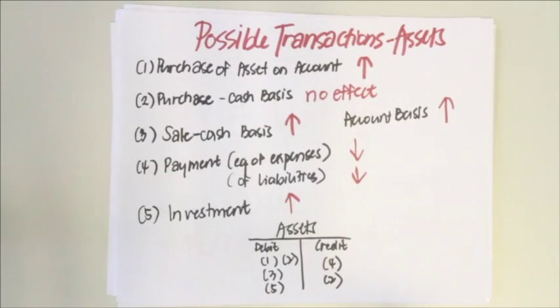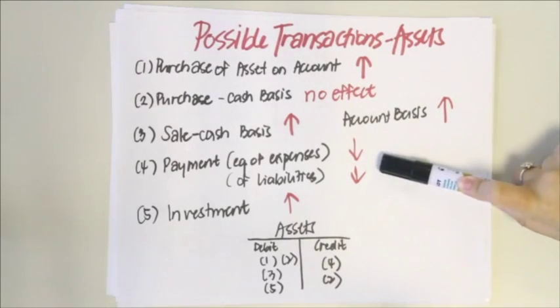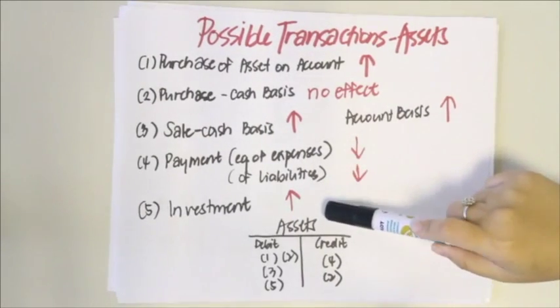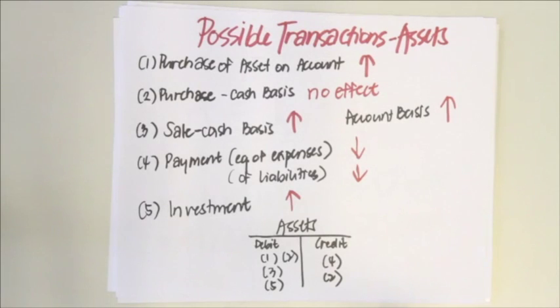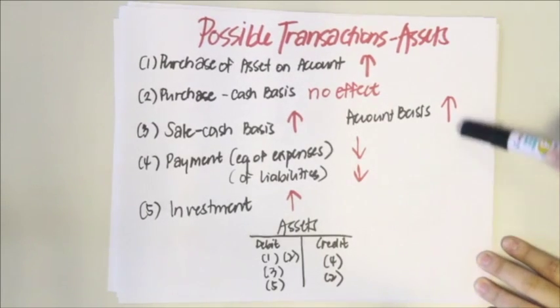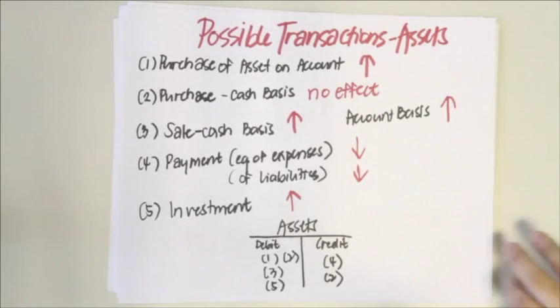In this case, you're using cash to pay, so there is an outflow of assets, leading to a decrease in assets. And then for an investment, it could cause an increase in assets since you would typically invest cash or equipment and other materials into the business.